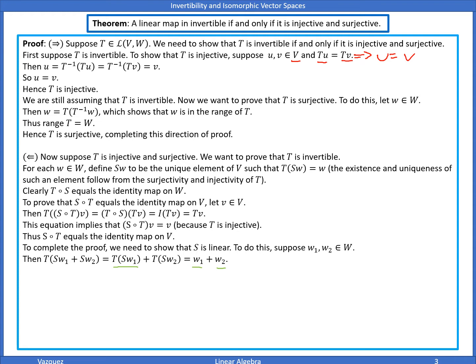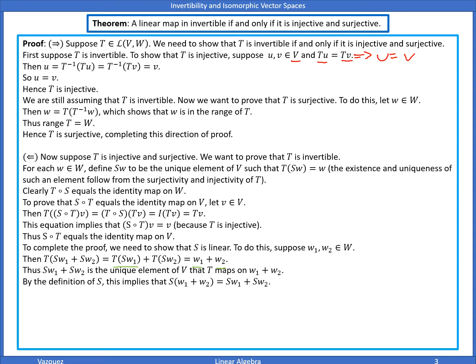Right, so this satisfies the additive property required for linearity. By the definition of S, this implies that. Oh, right. We're saying the same thing. So we're satisfying the additive property of linearity.